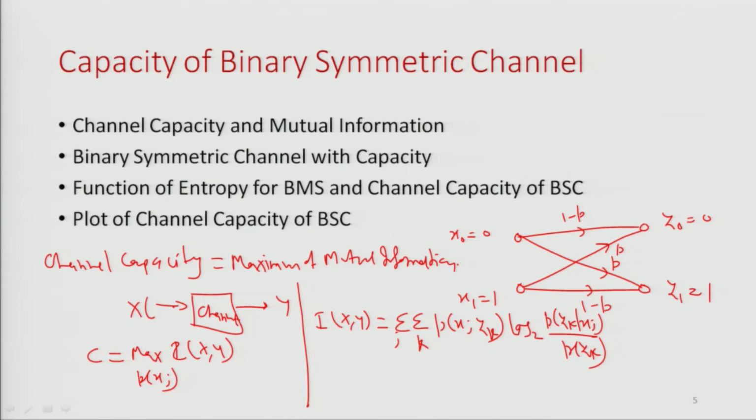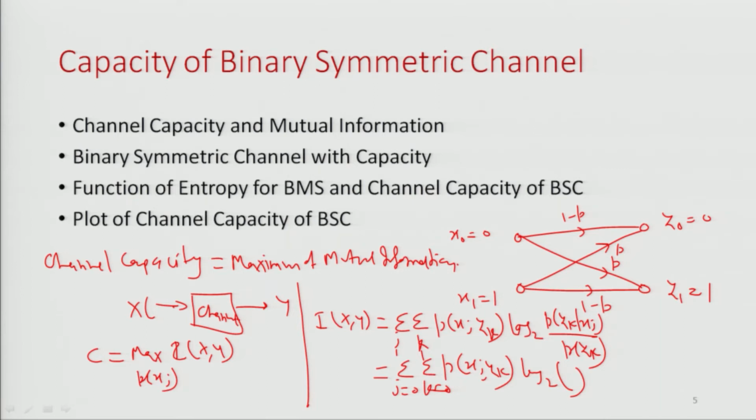Suppose we are taking this formula of the mutual information to get its capacity C. Here, in the case of the binary symmetric channel, j is equal to 0 to 1, k is equal to 0 to 1. Then we have to find joint probabilities for this. Conditional probability is already given.